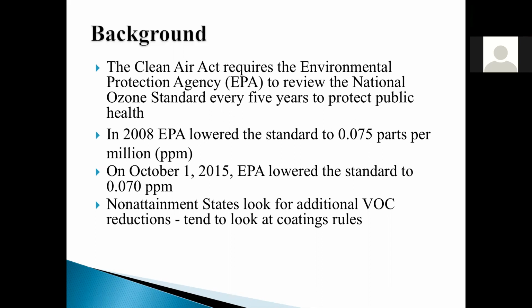Typically, if they're in non-attainment status, they look for either nitrogen oxide or VOC reductions. And our industry, the coating industry, because we do have VOC emissions, tends to be one of the first industries that states go after to try to get VOC reductions.